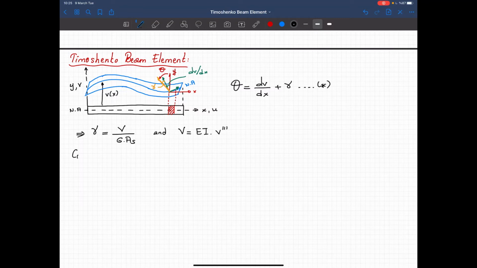So combining these two equations, I can write the shear strain as equal to EI divided by G times A_S multiplied by the third derivative of the transverse displacements.